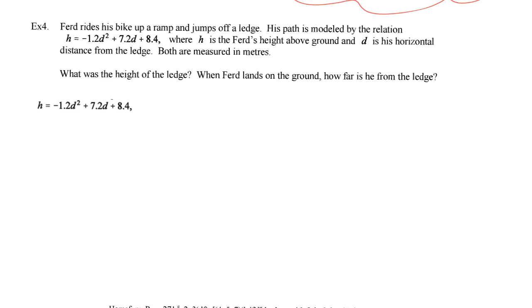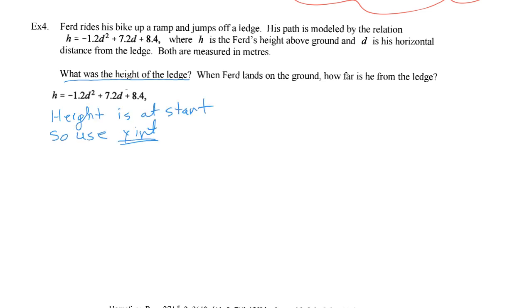So when we start this problem, we have our equation, right? The key idea is they ask, what was the height of the ledge? The height of the ledge is at the start, so we need to use the height, the Y-intercept.